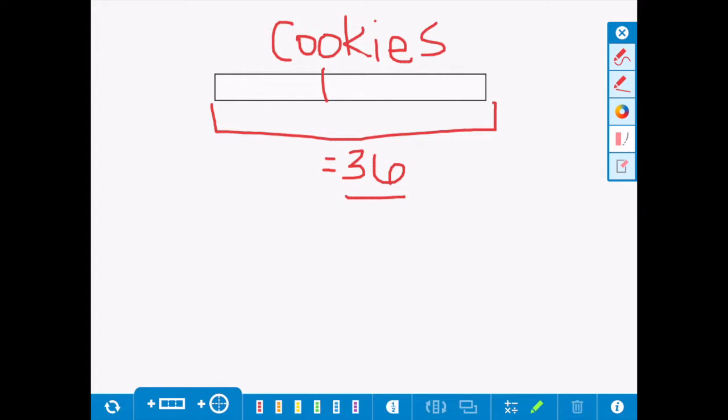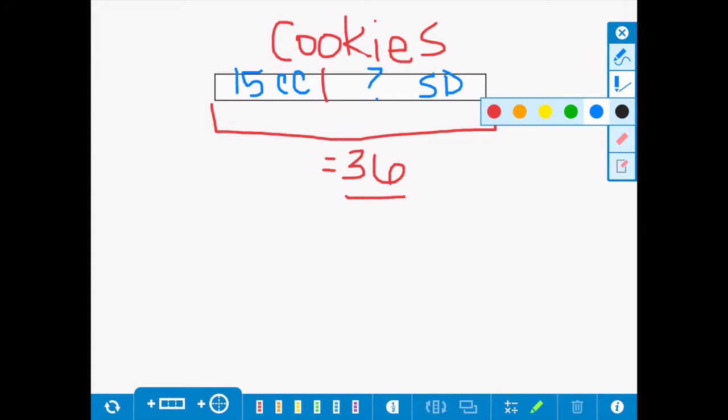So I'll just erase the halfway point. And then just to make it clear, I'm going to choose a different color and say that these are the 15 cookies and they're the chocolate chip, but we don't know the snickerdoodles, so I'm going to put a question mark there. So now we're showing exactly what the word problem is asking us to solve, and then maybe I would just use another number sentence.